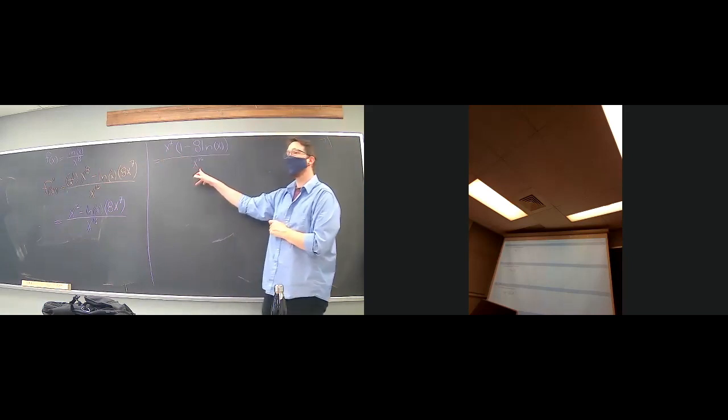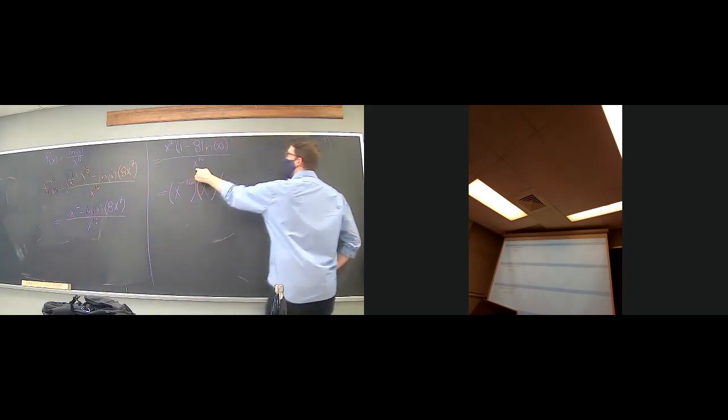Factoring out that x to the 7th now, we have 1 minus 8 times the ln of x, all divided by x to the 16th. Well, we can factor out or cancel this x to the 7th with this x to the 16th, right?